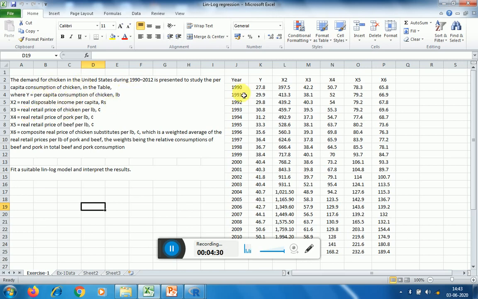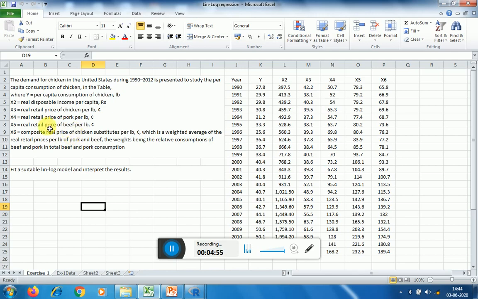Here y represents the per capita consumption of chicken, x2 represents real disposable income per capita, x3 represents real retail price of chicken, x4 represents real retail price of pork, which is the substitute of chicken, and x5 is another substitute, real retail price of beef. So beef is also another substitute for chicken.